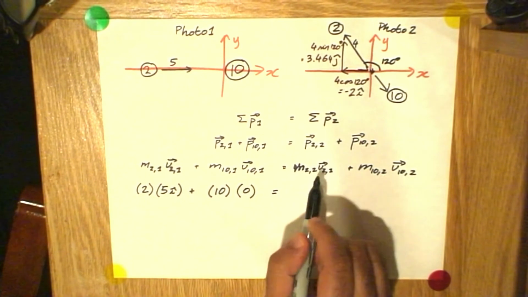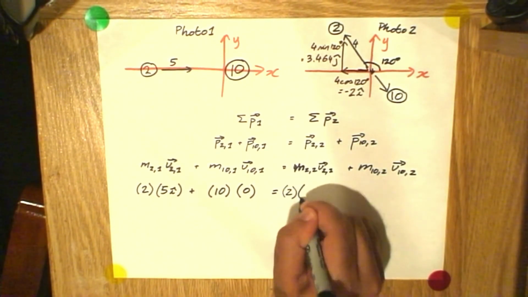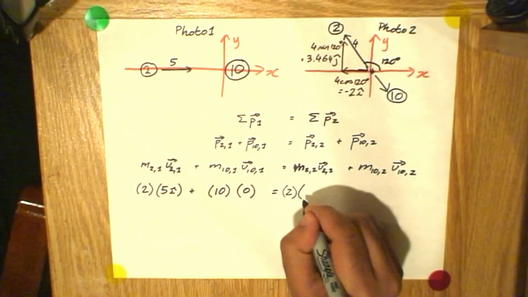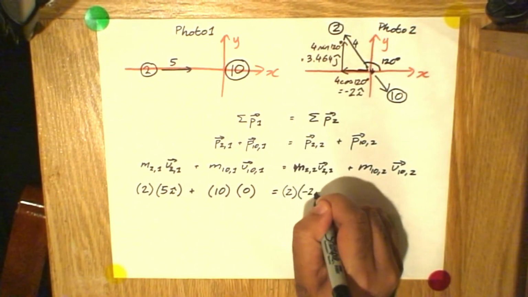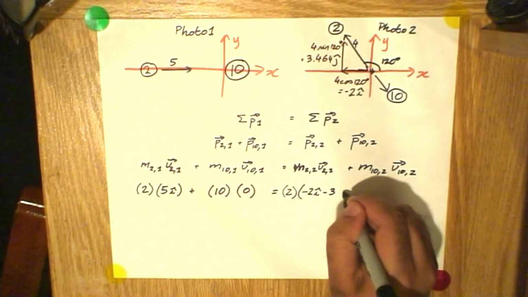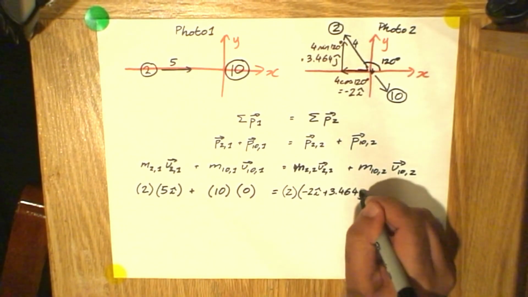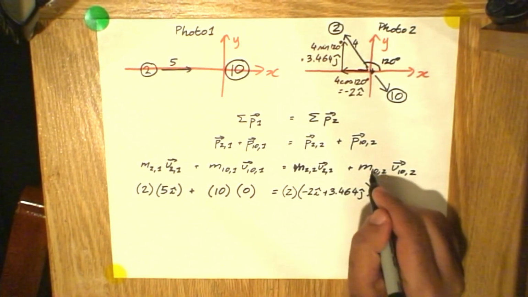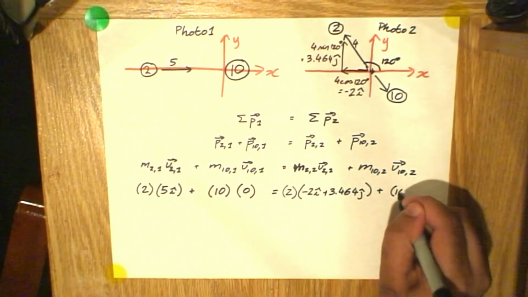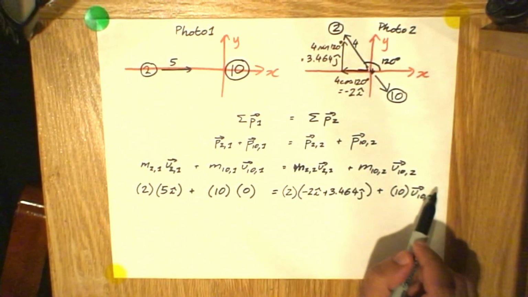This is equal to the mass of the 2 kilogram object, still 2 kilograms, times its velocity in photo 2, which is -2 i hat plus 3.464 j hat, plus the mass of the 10 kilogram object times the velocity of the 10 kilogram object in photo 2, which is what we are looking for in this question.